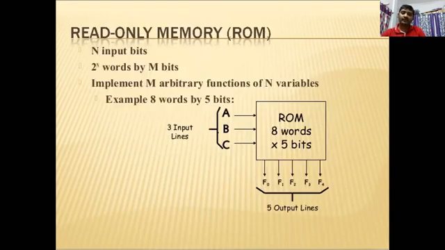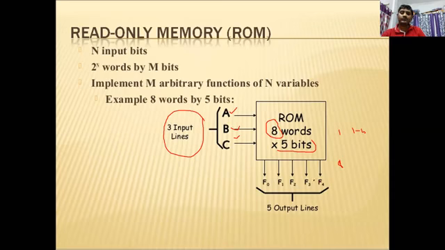We have a decoder with 3 input lines, let us name them A, B, and C. With these 3 inputs, 2 power n words means 2 power 3, which is 8 words are possible, and each word is of 5 bits, which I will call F0, F1, F2, F3, F4.